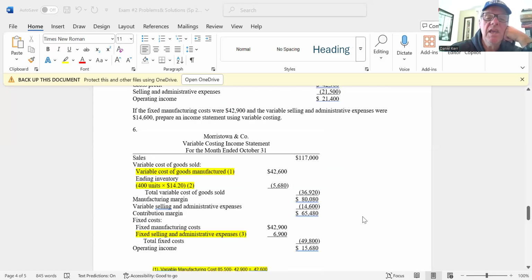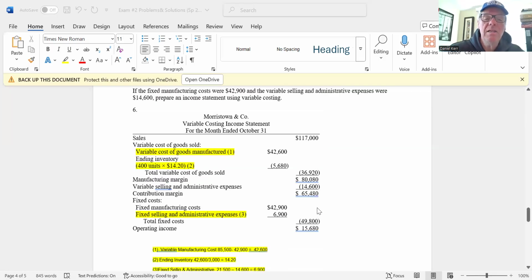Okay. So to get full credit for this, you had to show all the numbers, your calculations, and the various sections. You had to not just show contribution margin, you had to show manufacturing margin, and you had to list selling and administrative expenses separately to get contribution margin.